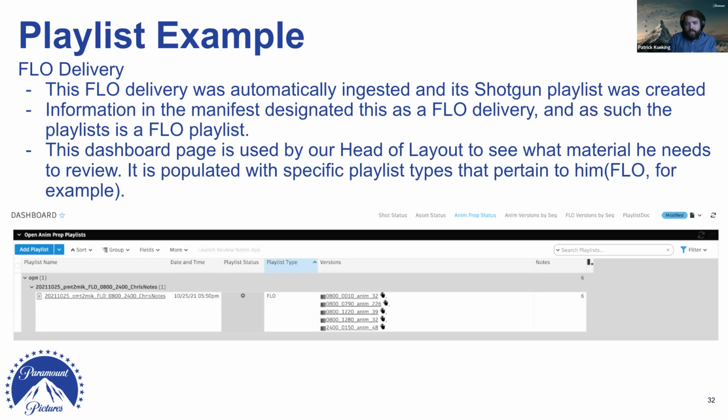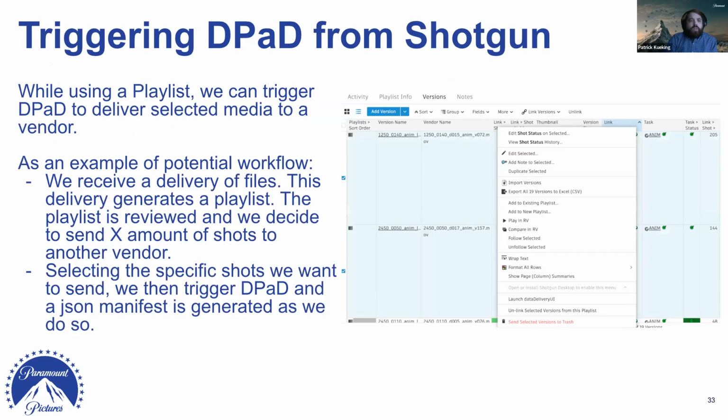And then there's one other thing we can do with playlists. Next slide, please. We can trigger the D-pad tool that Andrew showed you for delivering to our vendor. So in this little example that I have here, we could receive some files from one vendor. It creates a playlist. We review some of them and we decide, hey, I want to send X, Y, and Z to somebody else.